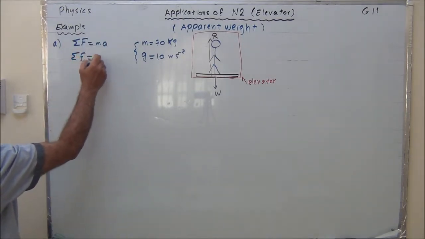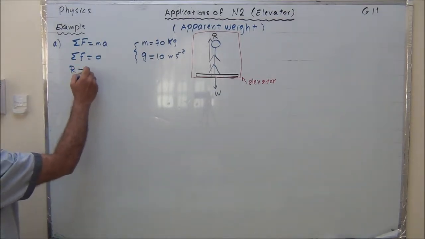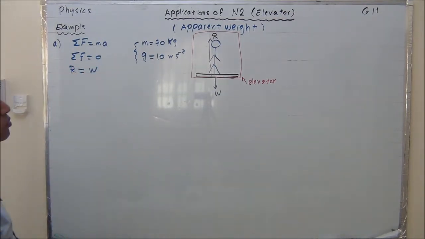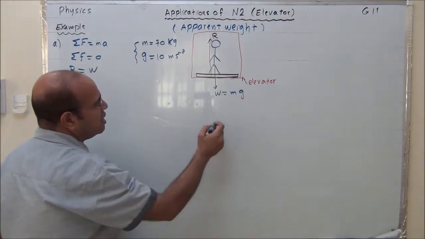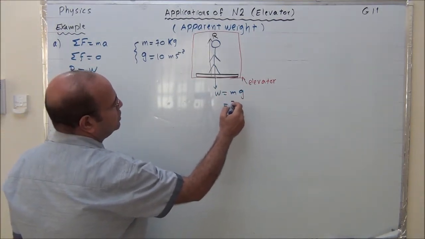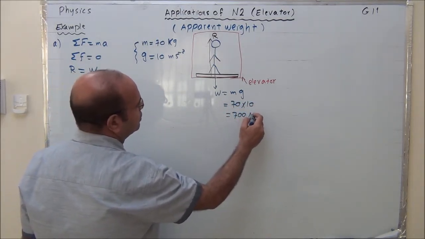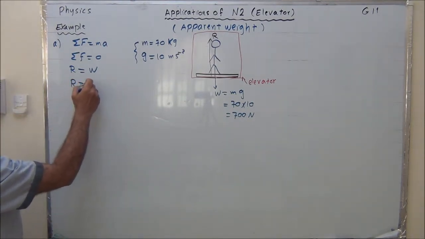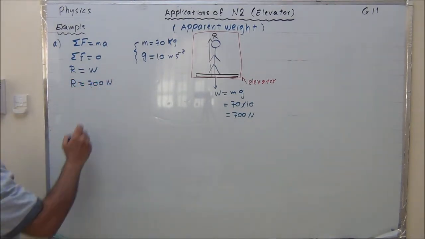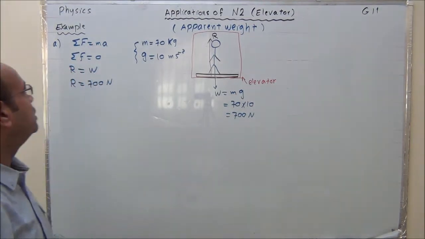The resultant force equals 0, so R equals W, the weight. The weight equals mg, where m is 70 and g is 10, so it is 700 newton. So R equals 700 newton. This is R, the normal contact force.